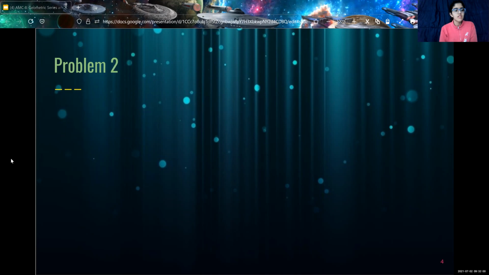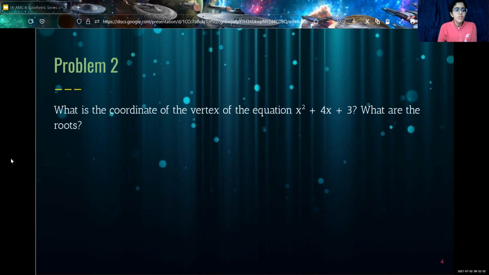Now problem number 2. What is the coordinate of the vertex of the equation x^2 + 4x + 3? What are the roots? When some people answered this question, they forgot to put the vertex or they forgot to put the roots. Make sure you're answering all parts of the question. I have one answer from Nikita, and I will wait for another answer.